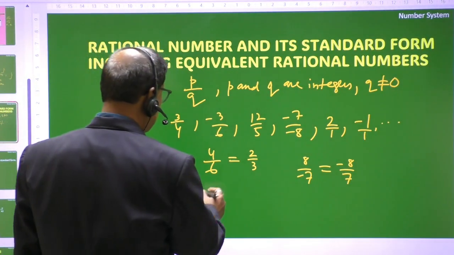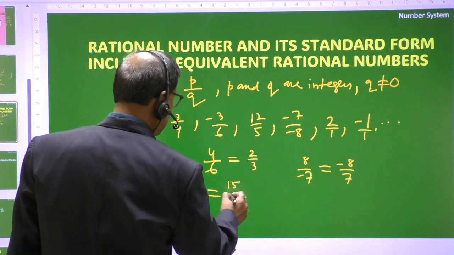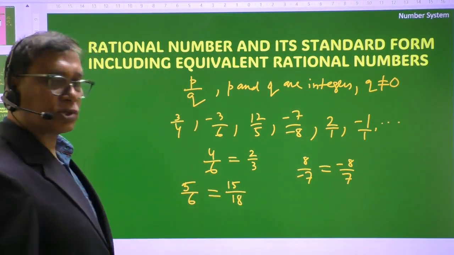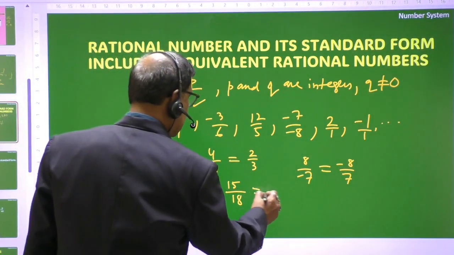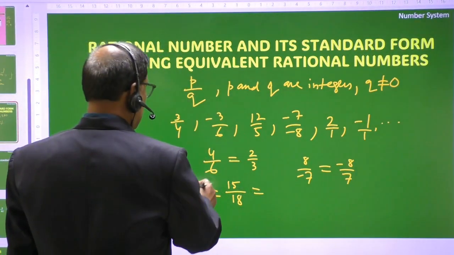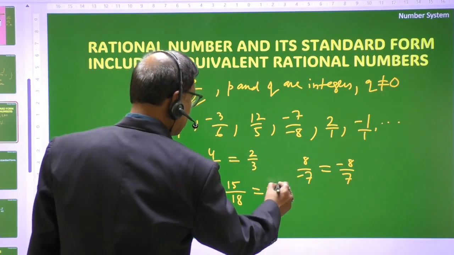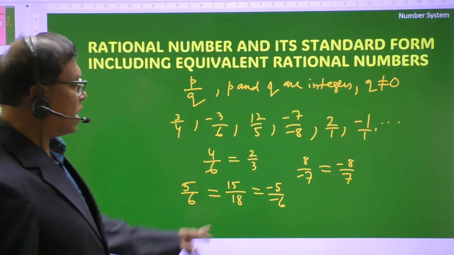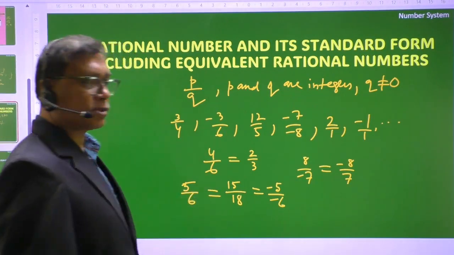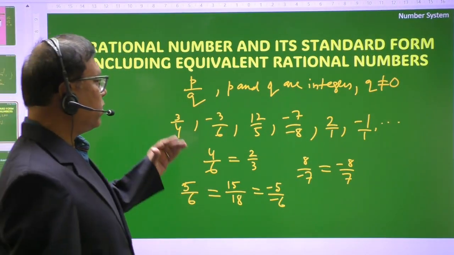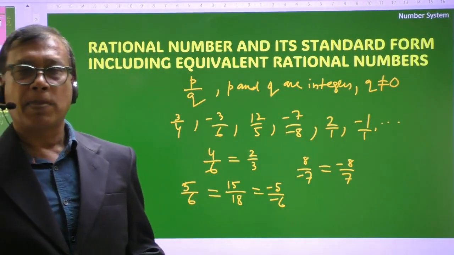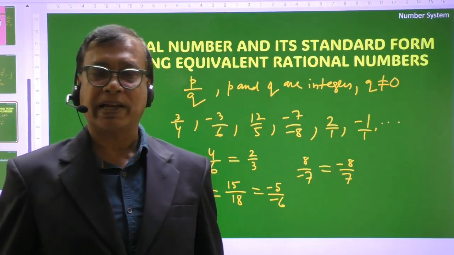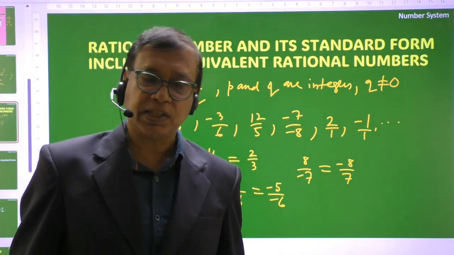Say if I multiply by 3, then 15 upon 18 is equivalent to this. If I multiply by -1, then -5 upon -6 is also an equivalent rational number. So we can find as many equivalent rational numbers as we want for a given rational number. I think this part is clear, students?